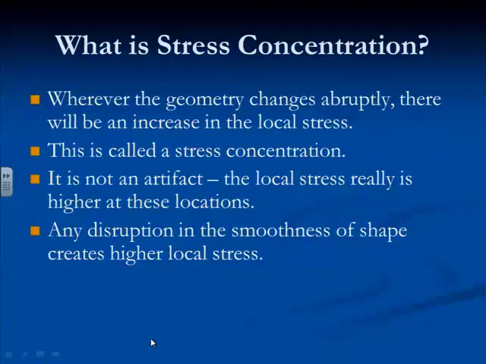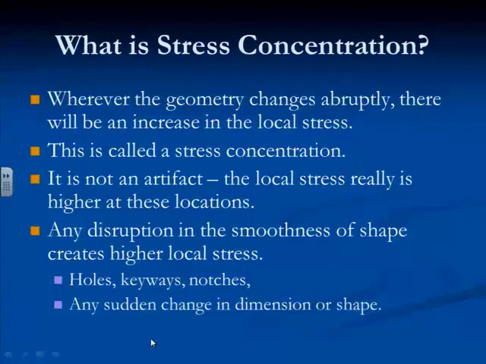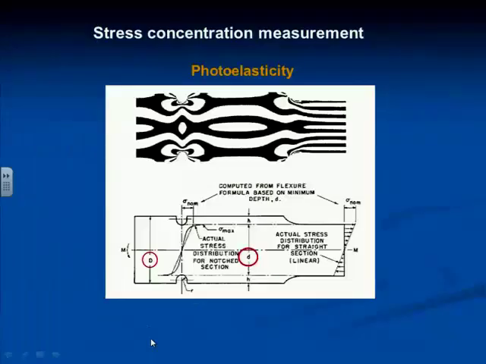You know, in a cross-section, it's worse at the outside surface and so forth, in bending and also in torsion. But if I have some kind of a notch there, then I'm going to have more than that formula tells me. So I'm going to have to take care of that in a separate calculation. And some examples of things that cause this are holes, keyways, notches, any sudden change in dimension or shape.